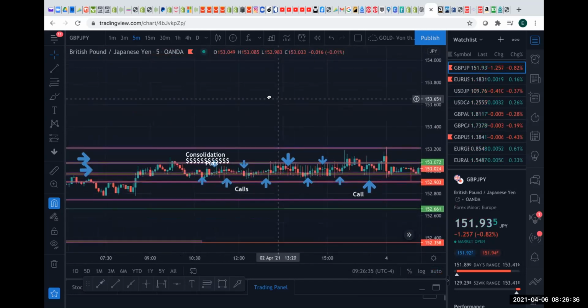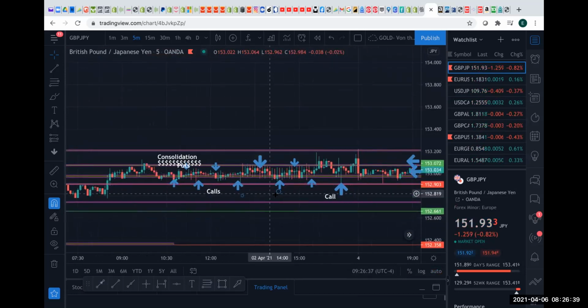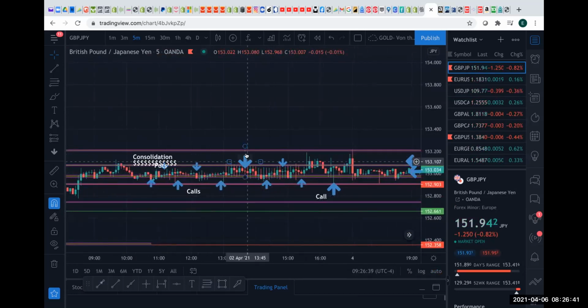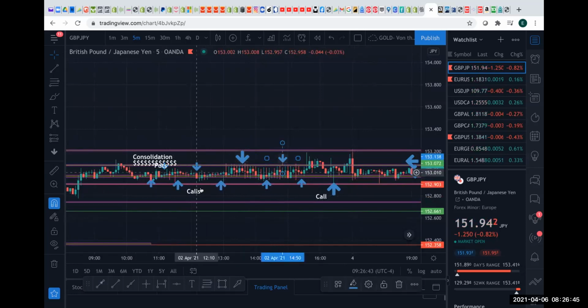I took about 8 or 10 trades off this pair because every time it came to my upper zone, I took a sell. Every time it hit my lower line, I took a call. So right here, I was eating all day off this. It just depends on the setup. In an uptrend or downtrend action, I wouldn't do that, because it may only hit that line once, and the next time it's gonna break through.